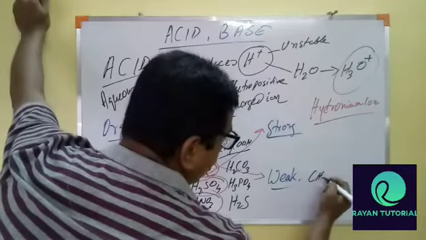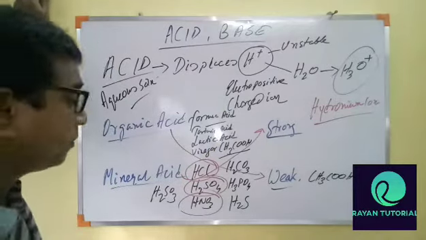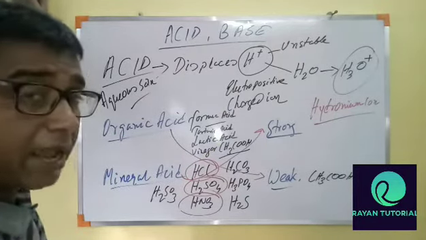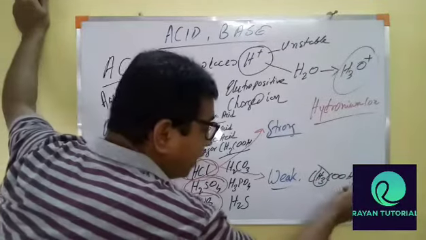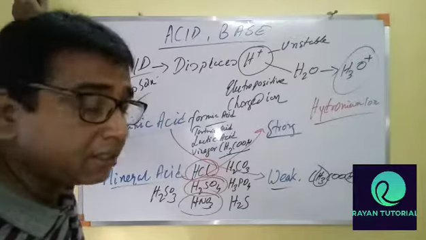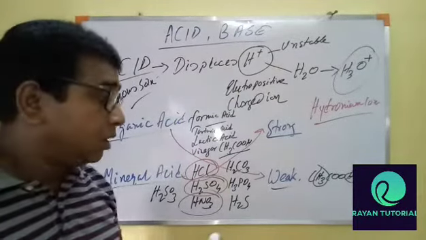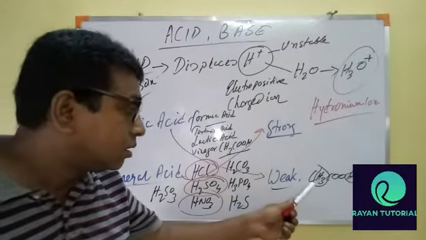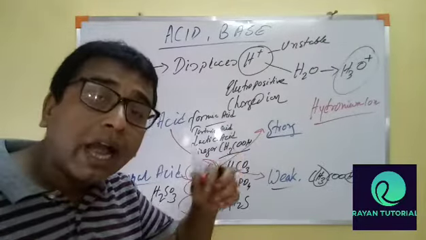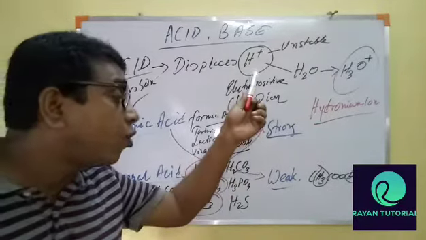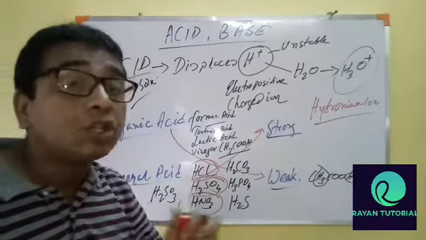In these molecules of acetic acid there are 3 hydrogens and 1, so 4 hydrogens, so there should be 4 hydrogen ions. When acetic acid displaces all the hydrogen ions, there would be 4 hydrogen ions, but in reality they don't do so.